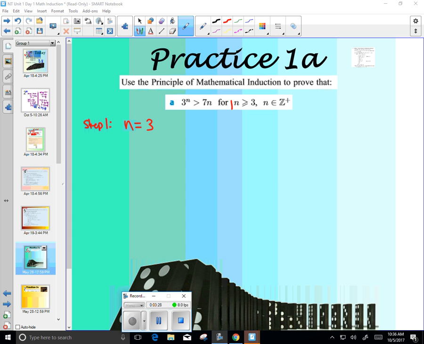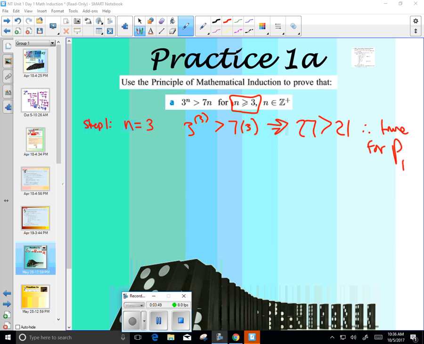So with n greater than or equal to 3, the first step happens at 3. So 3 to the third, is that greater than 7 times 3? 27 is greater than 21. Therefore, true for P1, or the first value on the ladder.